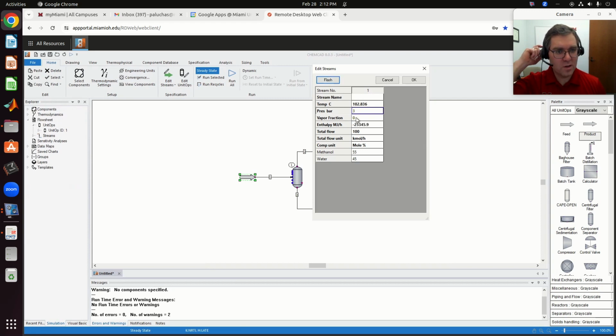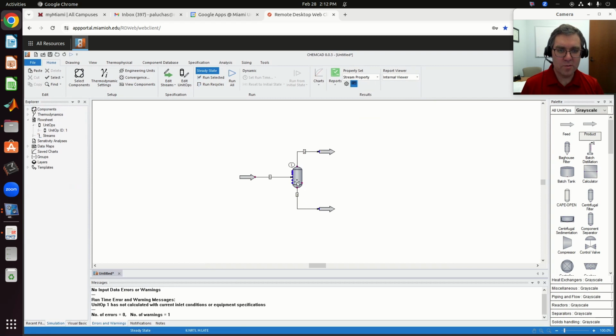So if I flash, it'll calculate the corresponding saturation temperature. Vapor fraction is 0, meaning I'm indicating a saturated liquid. By specifying a vapor fraction between 0 and 1, I'm specifying that I'm at saturation, or I have a 2-phase mixture. 0 just means saturated liquid, 1 would be saturated vapor, and a value in between would be 2-phase.